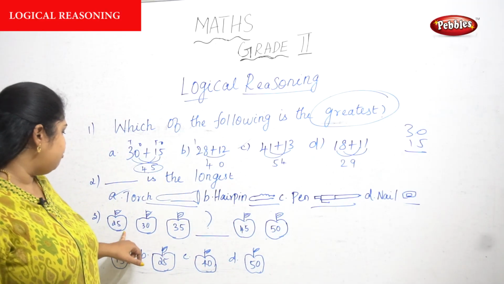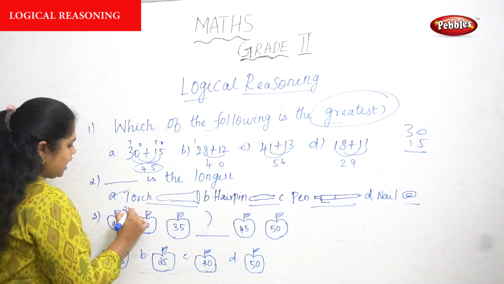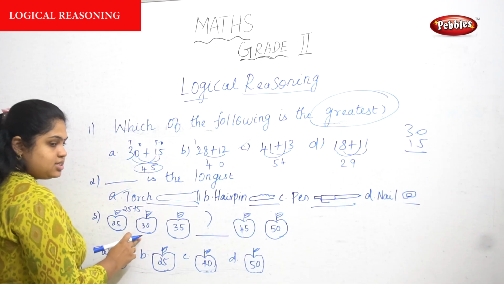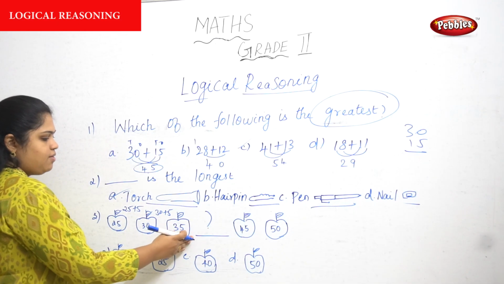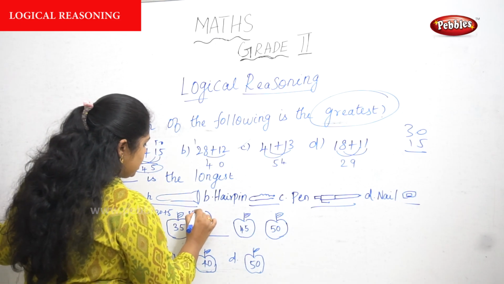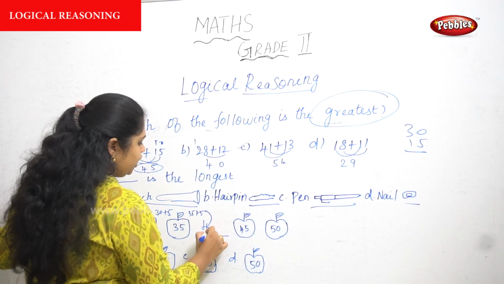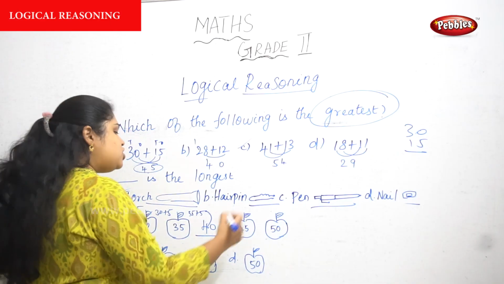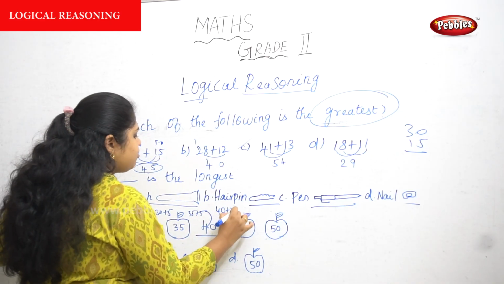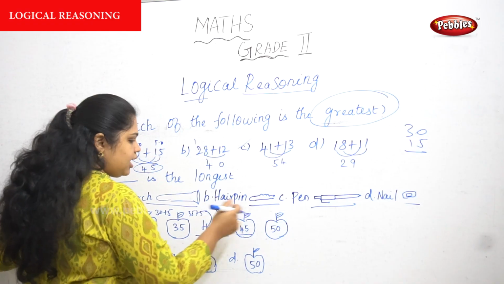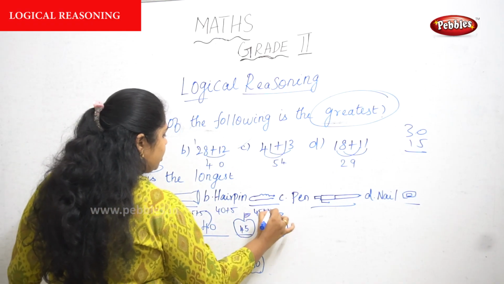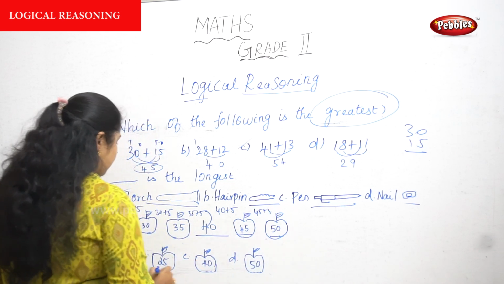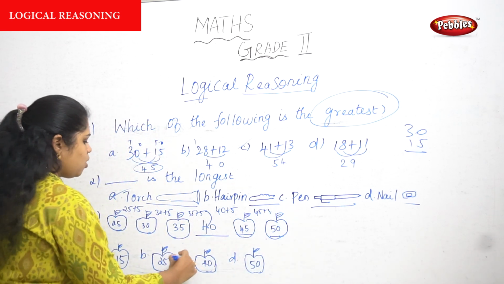Why? 25 added with 5 gives 30. 30 added with 5 gives 35. When 35 is added with 5, what will we get? 40. Recheck it: 40 added with 5 gives 45, and 45 added with 5 gives 50. So the answer is option C.